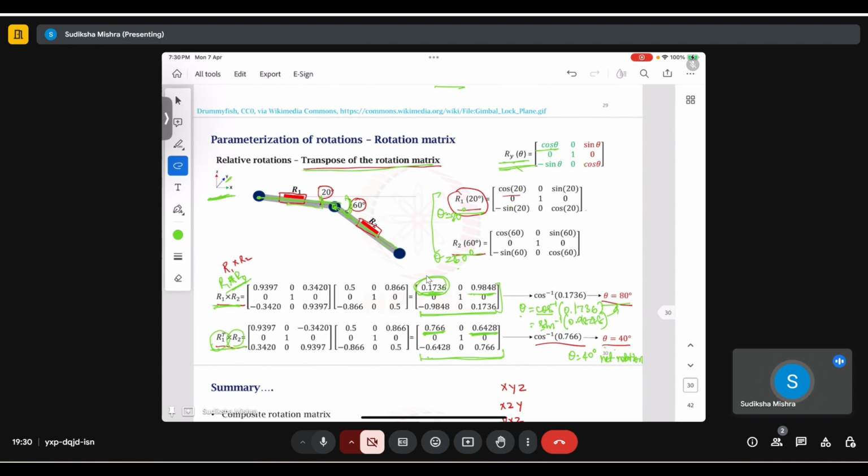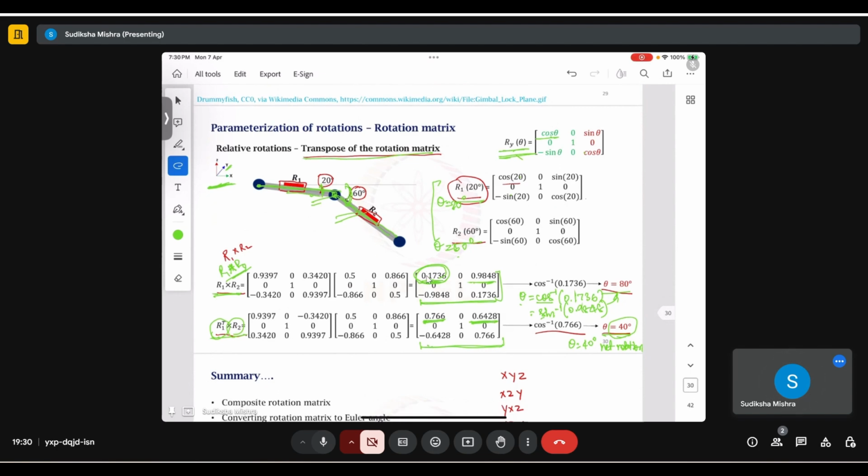So theta becomes 40 degrees. This theta tells us about the net rotation, which is the difference between this angle and this angle.